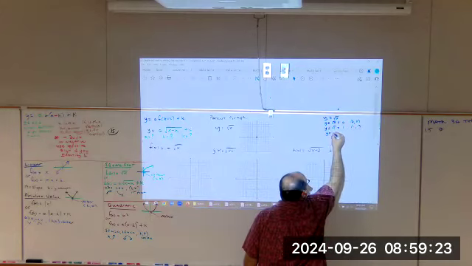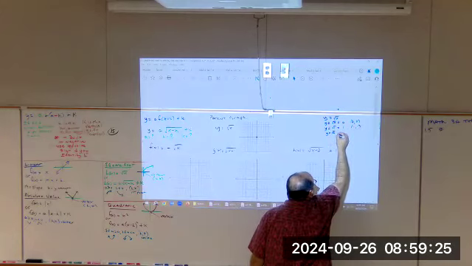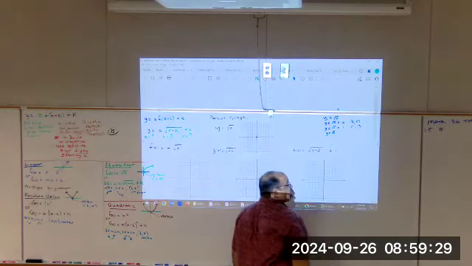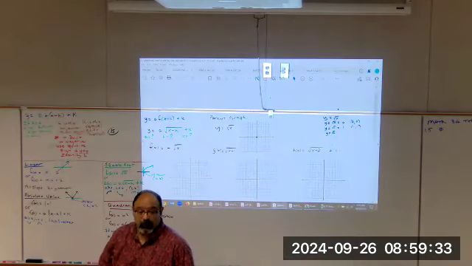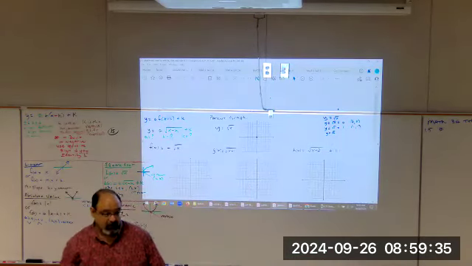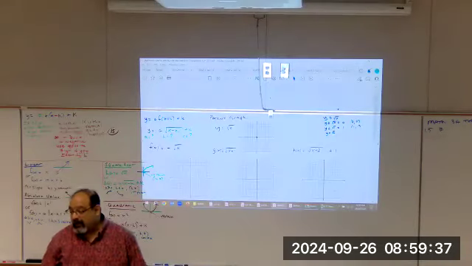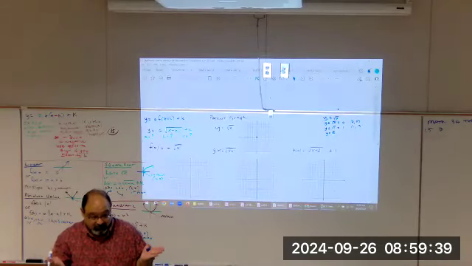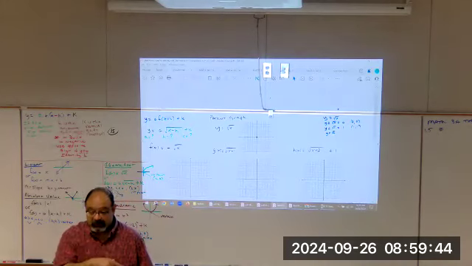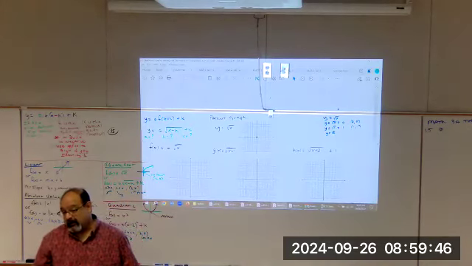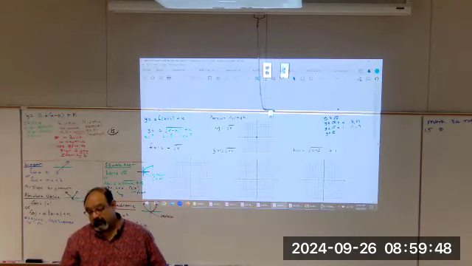But 2 sucks. Because trying to plot square root of 2 is an irrational number. An irrational number is a number that the decimal value never terminates and it never repeats. It goes on forever like pi, and it never repeats a pattern.